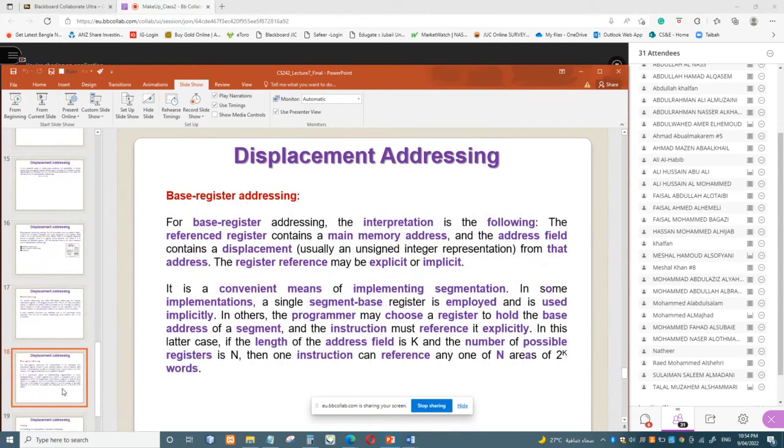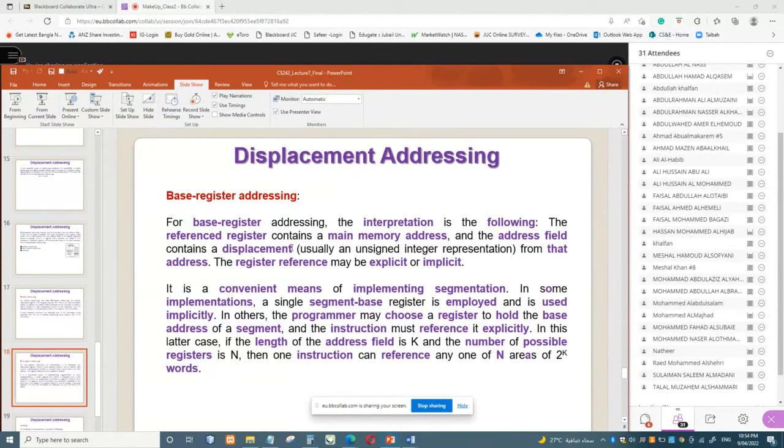Now, in case of base register addressing, we use one register and one displacement. For base register addressing, the interpretation is the following: the reference register contains a main memory address, and the address field contains a displacement.